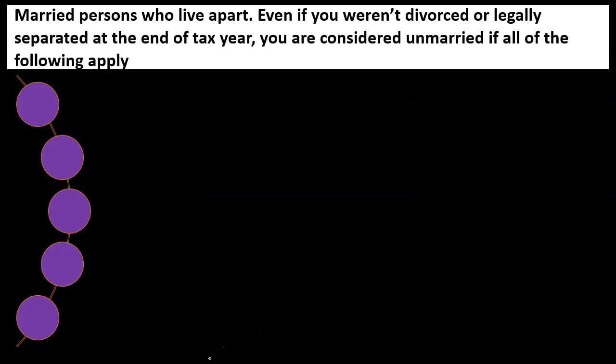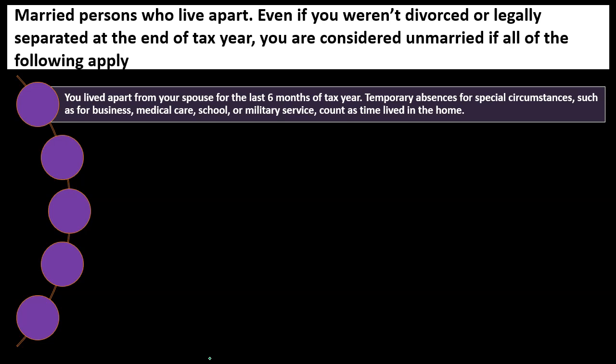Married persons who live apart. Even if you weren't divorced or legally separated at the end of the year, you are considered unmarried if all of the following apply. So the question here, what if they're not legally married, but they're basically living apart? Can they qualify basically as unmarried? If all of the following apply: you lived apart from your spouse for the last 6 months of the tax year.